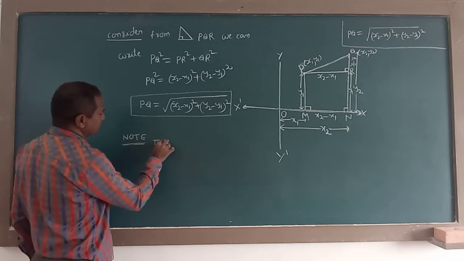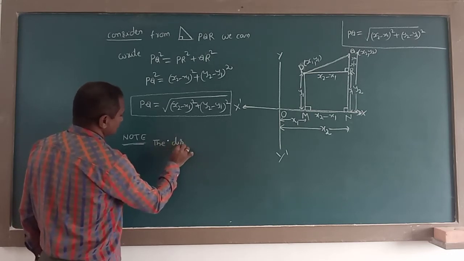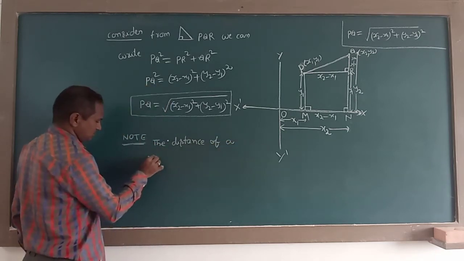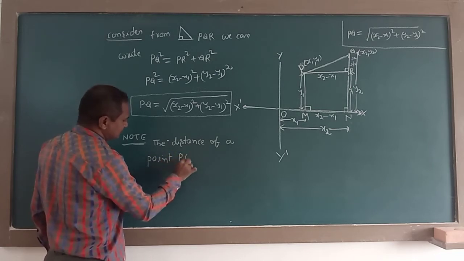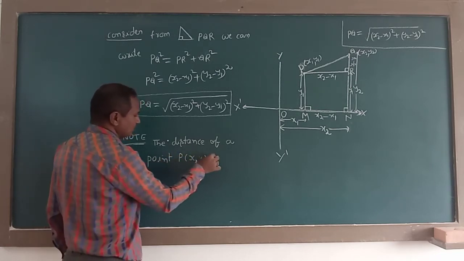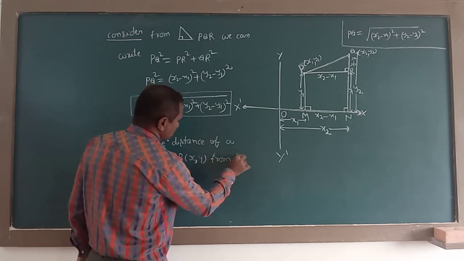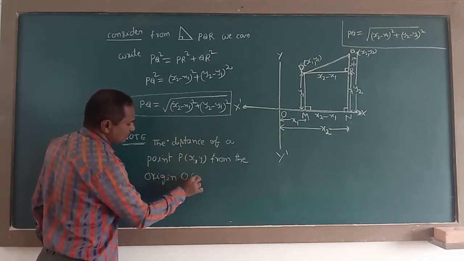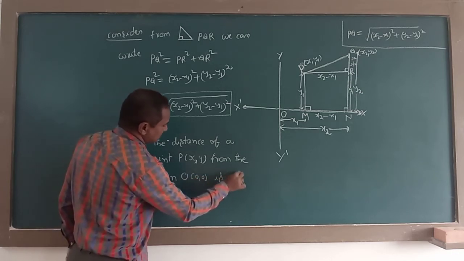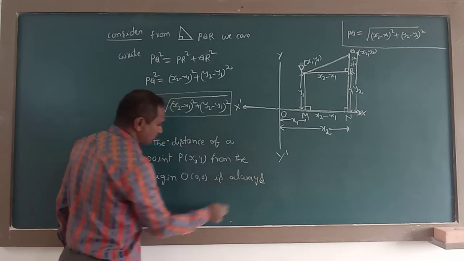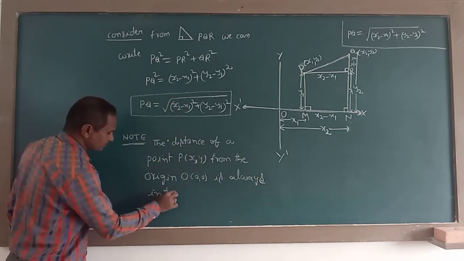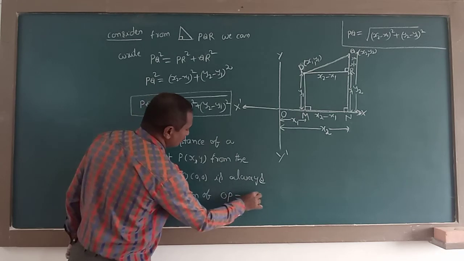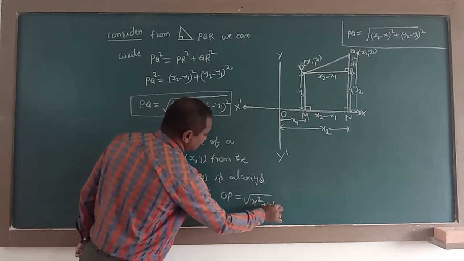The distance of a point P(x, y) from the origin O(0, 0) is always in the form OP is equal to square root of x square plus y square.